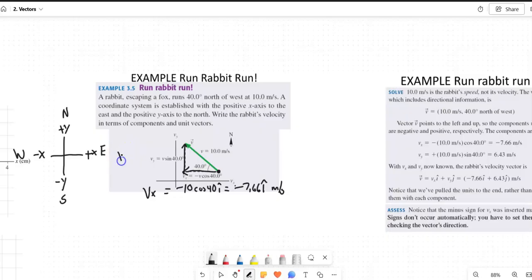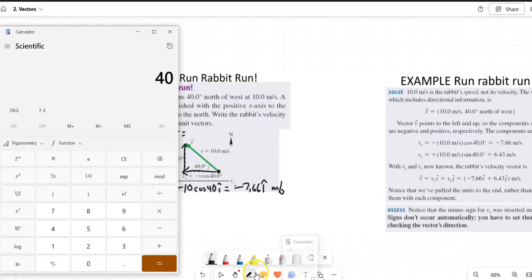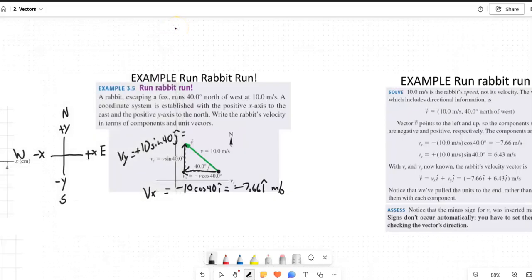The y direction component is going to be positive 10 sine of 40 degrees j hat. So let's do the math here. Sine of 40 degrees is 0.6428, so times 10, 6.43.